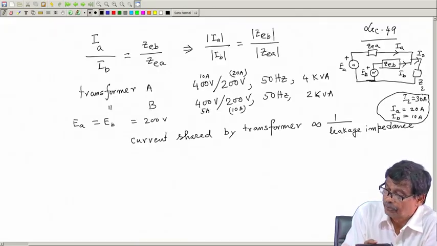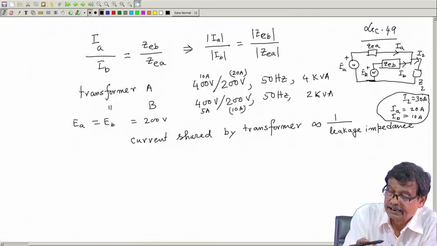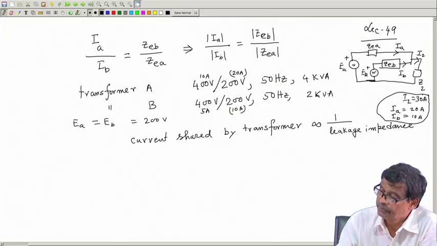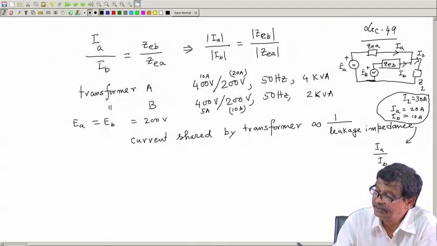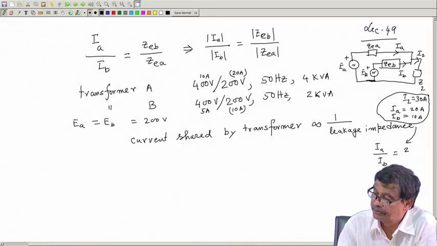Therefore, we find that IA by IB is ZeB by ZeA. Therefore, you see the ratio of IA by IB demands that IA by IB ratio should be 2:1, is it not?